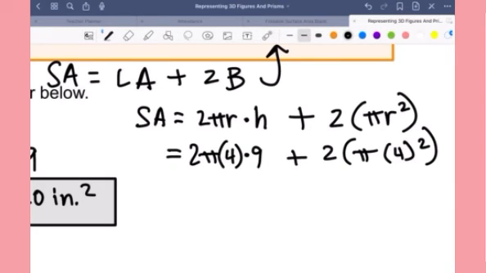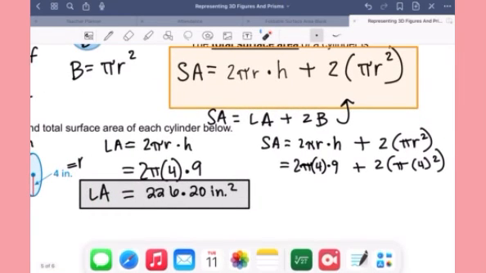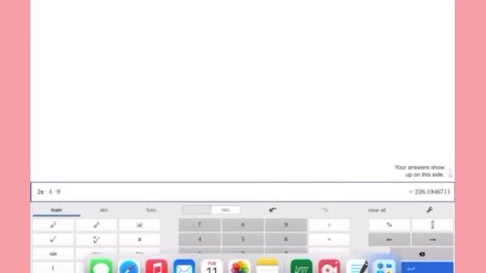That's a 4. Okay, so we plugged in a radius. This is a pi symbol right here, by the way. Sometimes my students get confused. So we plugged in the radius, we plugged in the height, we plugged in the radius here. And that's it. So we are going to plug that into Desmos.